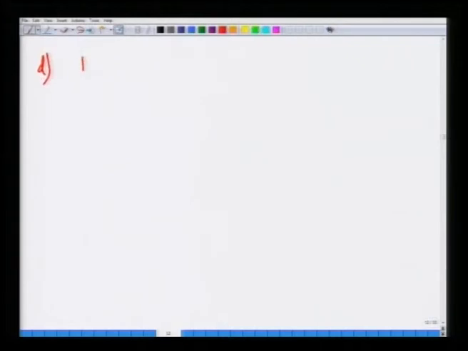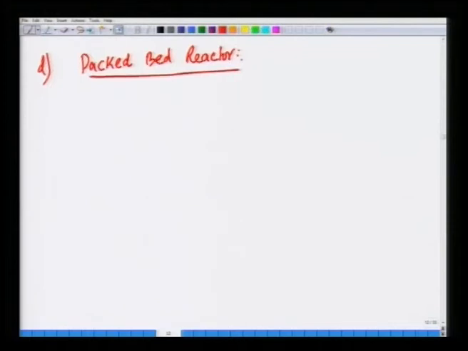As another example, I will cite the case of a packed bed reactor. A packed bed reactor is nothing but a huge column in which you have solid packing.